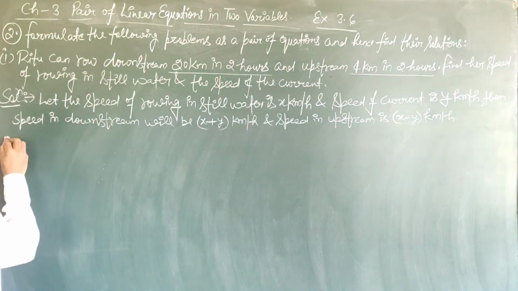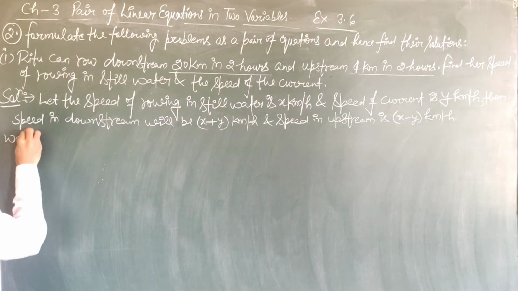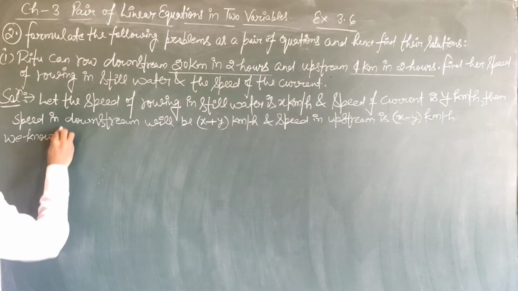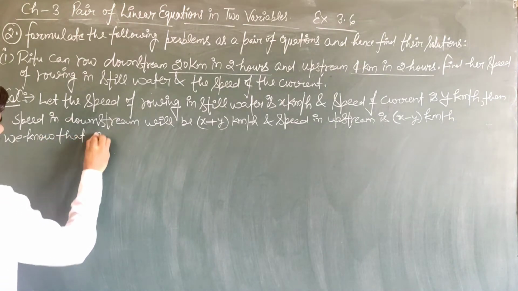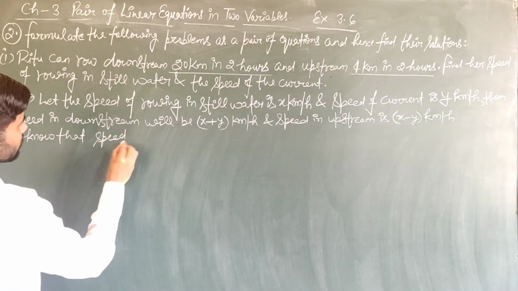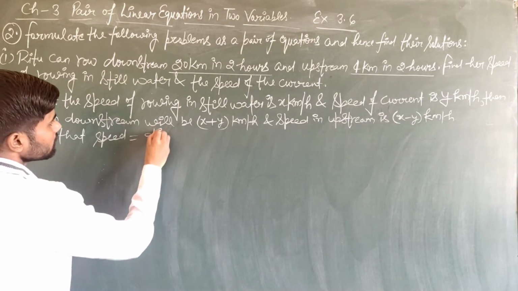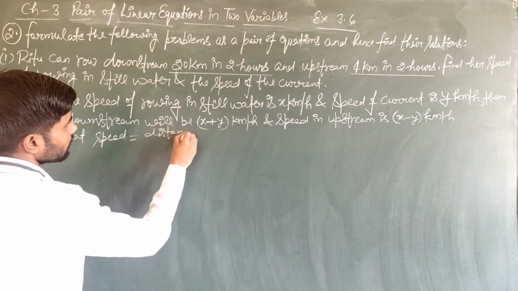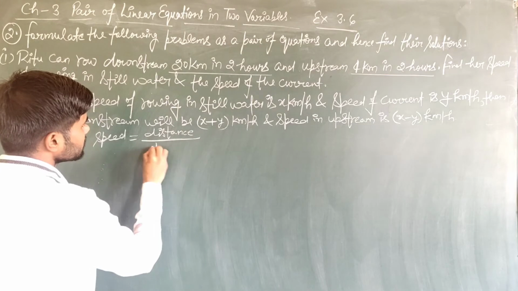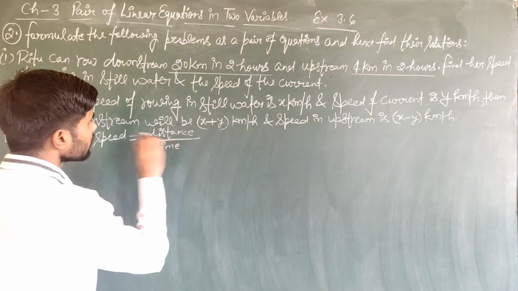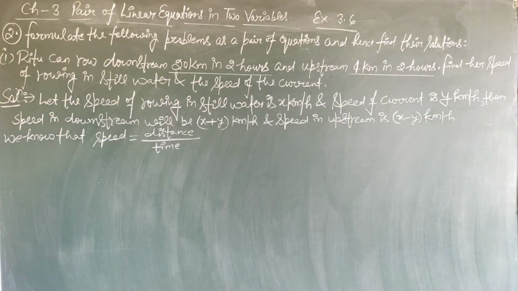Now we know that speed is equal to distance upon time. We have been given two conditions.